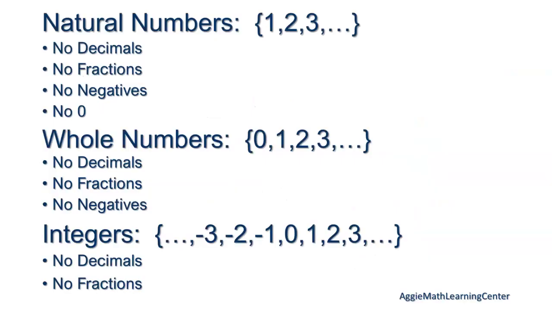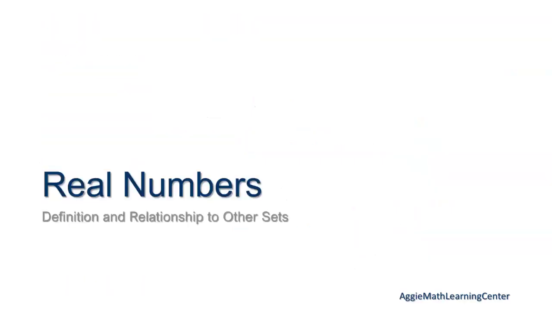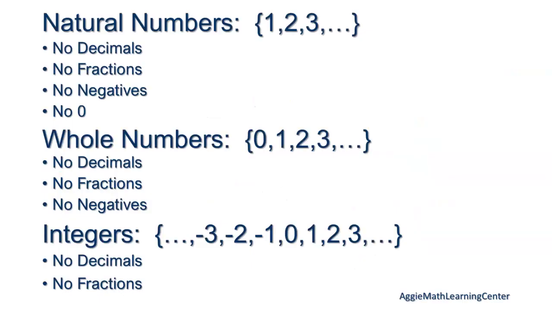Real numbers. Within the real numbers, we're only going to be working with real numbers in this class. But the real numbers contain the natural numbers, the whole numbers, and the integers, and then a few others.